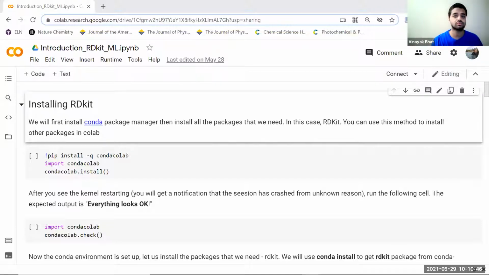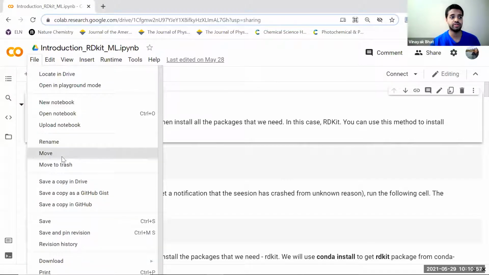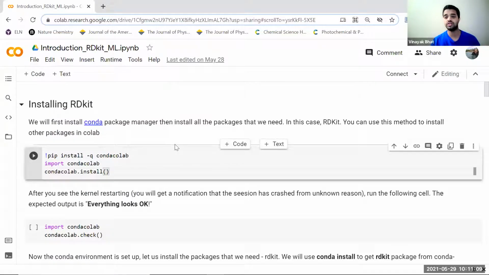Yes, cool. So this is how we are going to use Colab if you have not used it before. First go to File and save a copy in your Drive so that the work you have done is saved. If you work in this notebook and try to open it later, any additional work you have done will just disappear.